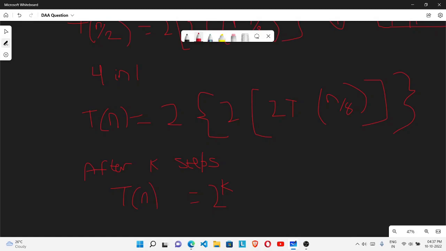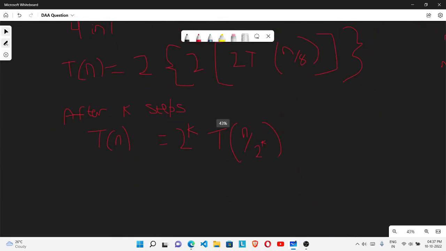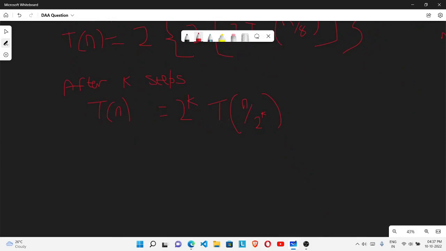So after k steps, it becomes 2 raised to k times T of n divided by 2 raised to k. Here also it's increasing by a magnitude of 2, right? Now we take n by 2 raised to k is equal to 1 because that's the base condition. T of 1 is equal to 1.